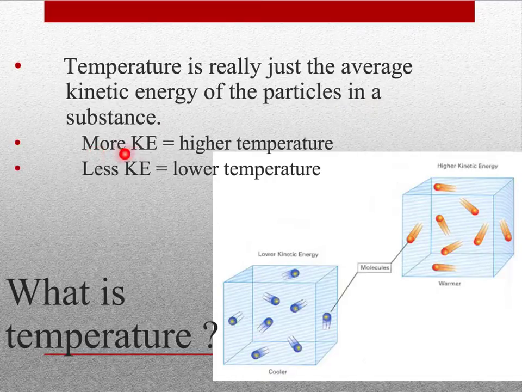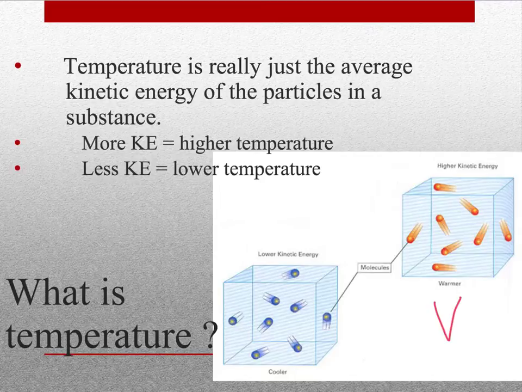So things with more kinetic energy have a higher temperature, and things with a lower kinetic energy have a lower temperature. So you can see in this box here, if these little particles in an object are zooming all around really fast, so they have a high velocity, big velocity, that means they have a bigger temperature.